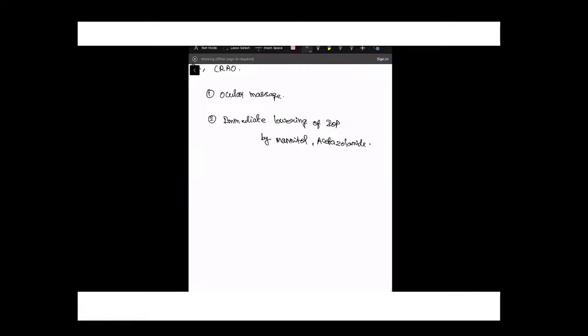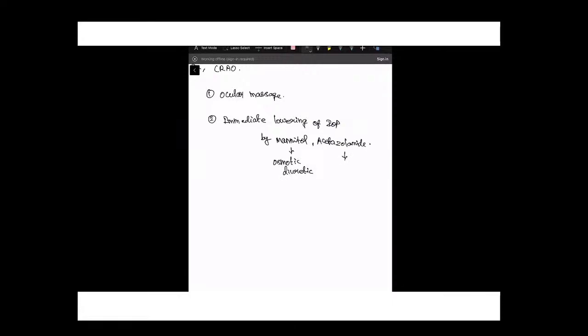What is mannitol? What drug is it? Where is it used mainly? Mannitol pharmacology. Mannitol is an osmotic diuretic.